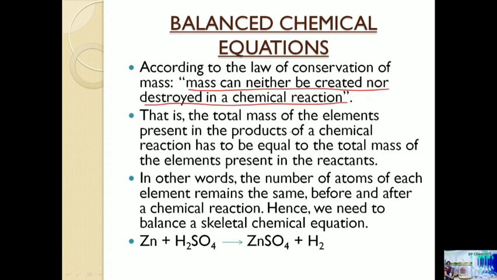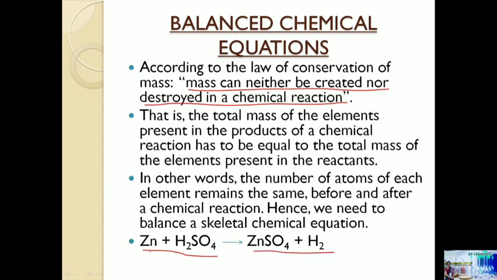That means the total mass of the elements present in the products of a chemical reaction has to be equal to the total mass of the elements present on the reactant side. Or we can say the number of atoms of each element remains the same before and after a chemical reaction.